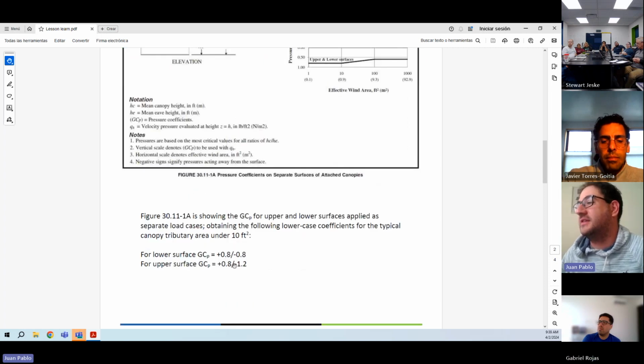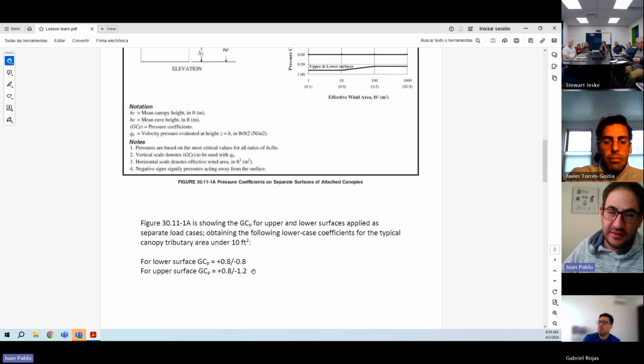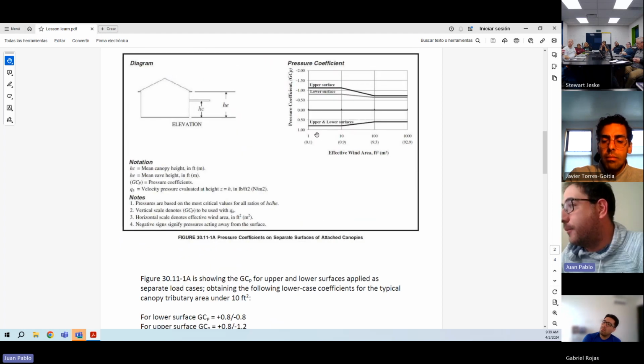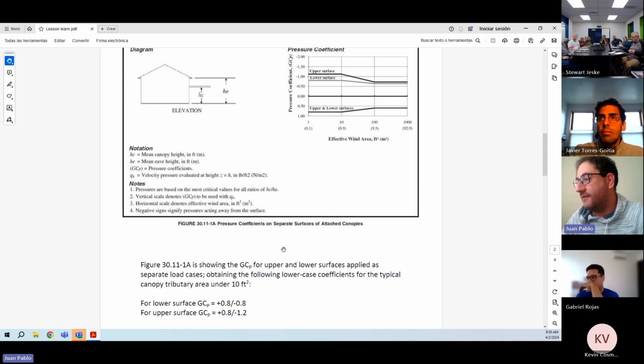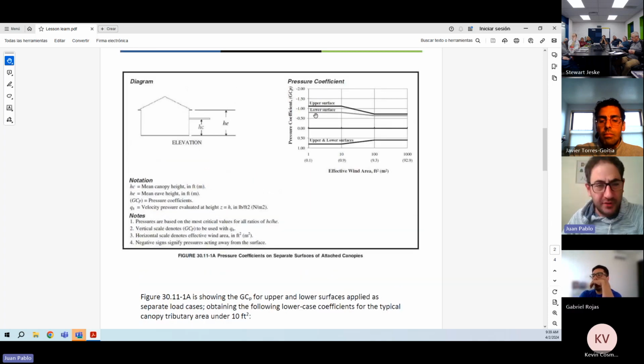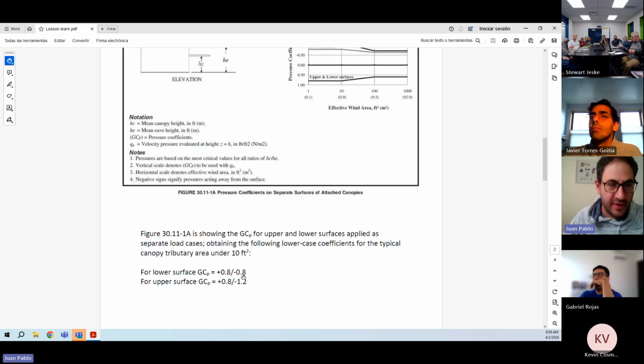The lower surface has positives and the upper surface has negatives, that is like suction. For pressure, we have 0.8 in the upper surface and in the lower surface. But for the suction, for the lower surface we have negative 0.8, and for the upper surface we have minus 1.2.